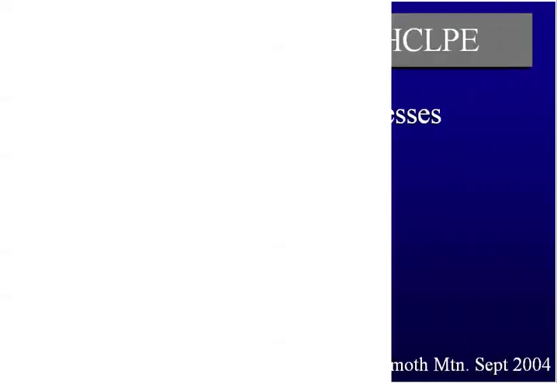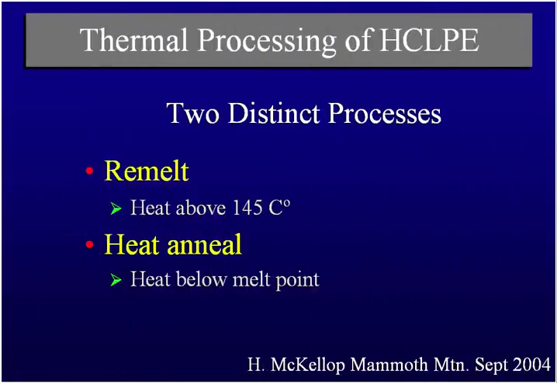So the way that you improve your high cross-link product is these secondary processes. One is to remelt it. So you put this high-dose irradiation, you remelt it above 145 degrees, or you can heat anneal it, which heats below the melt point.